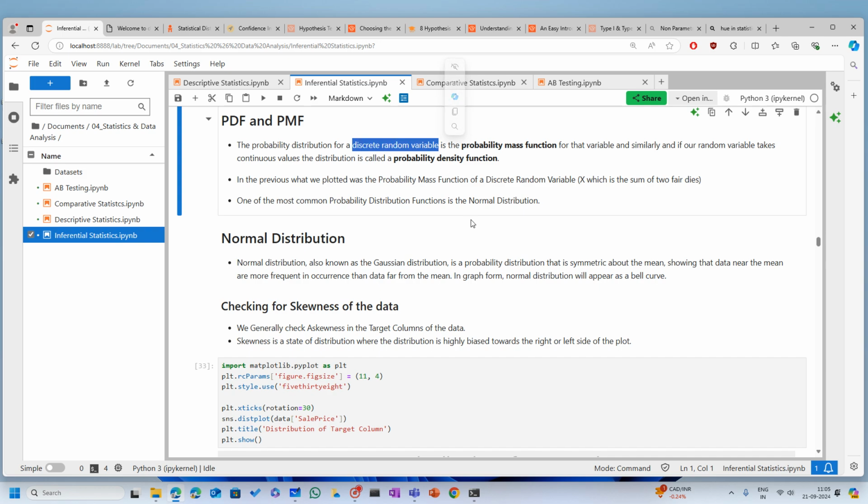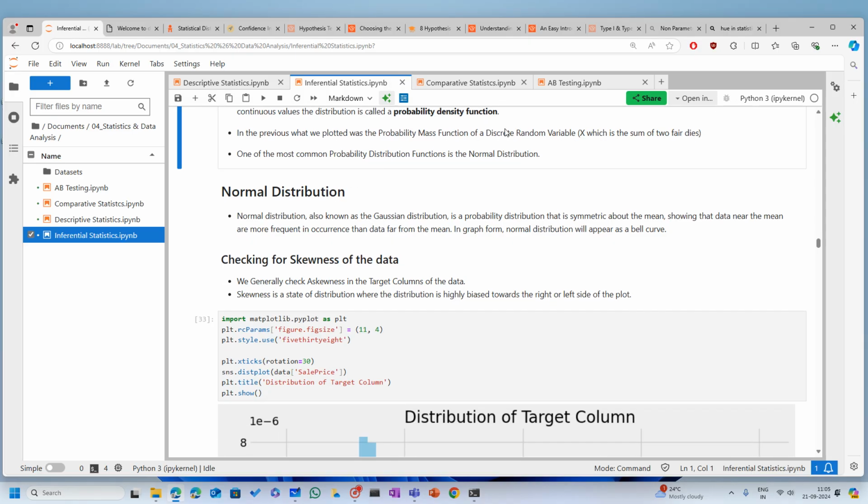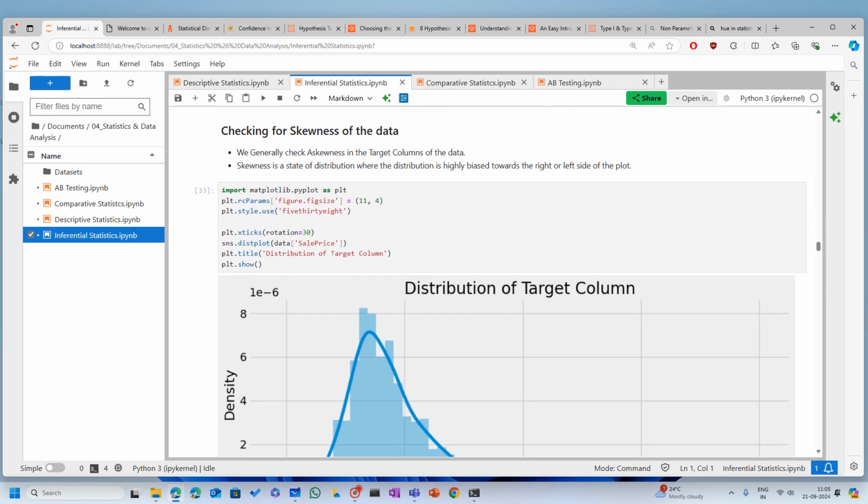Discrete means exact values, non-decimal values. For those values we call it probability mass function, and for the same thing with continuous values, we call it probability density function. This also we saw, and normal distribution also we saw.